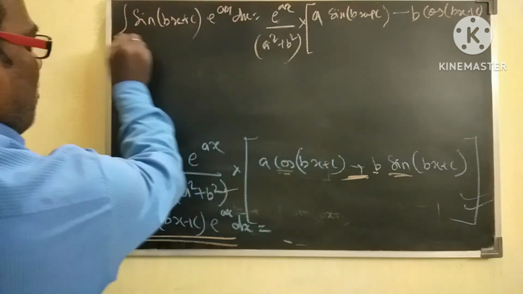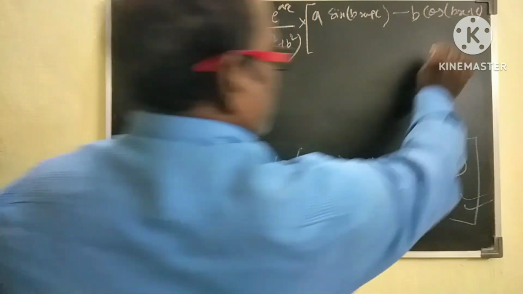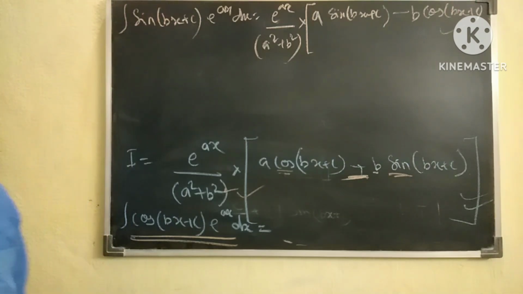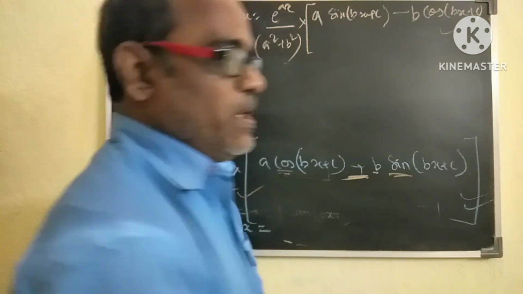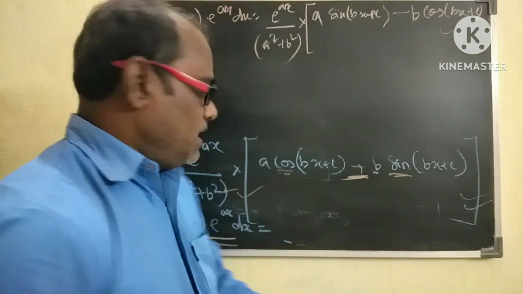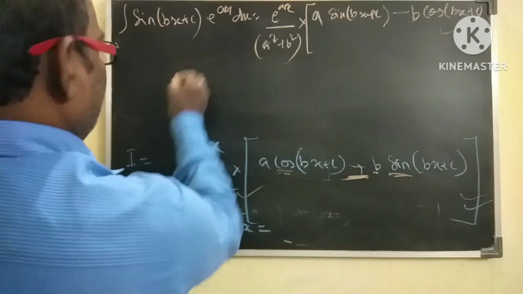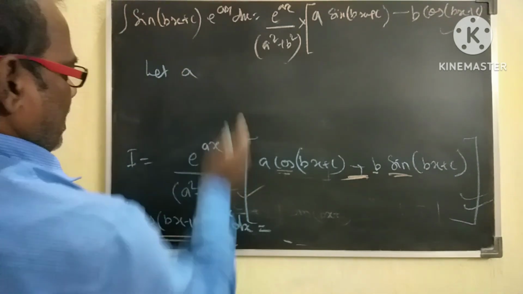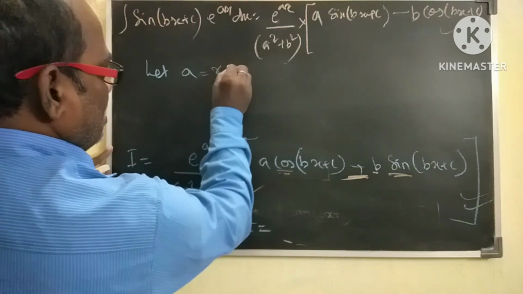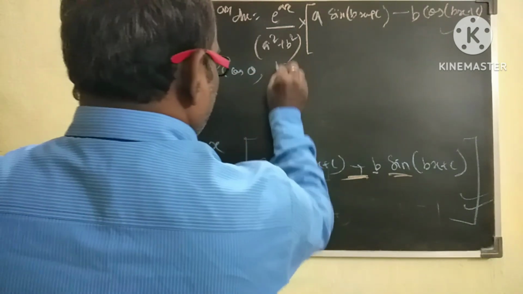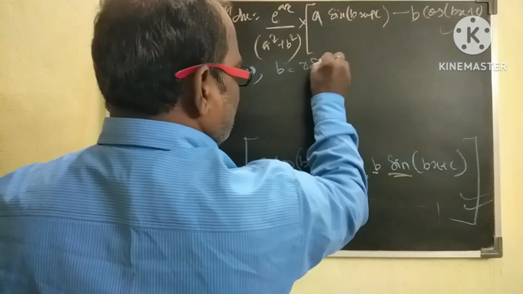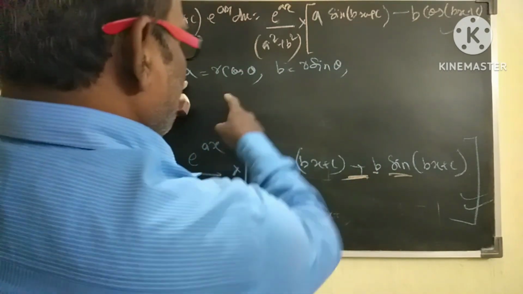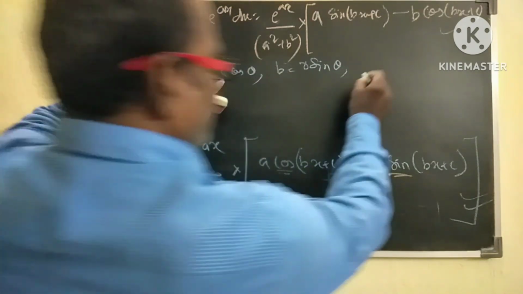So in this way, with the help of this formula, we can remember this formula very easily. Two more forms I am going to explain to you today. The very first form is, let a is equal to r cos theta, b is equal to r sin theta, then a square plus b square would have been r square.